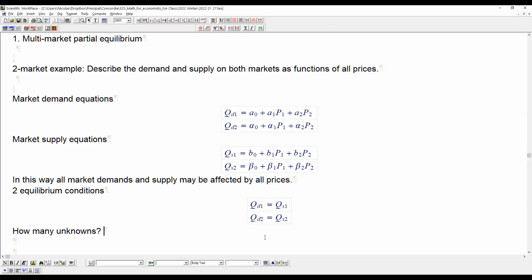Yes, 6. So I have the 4 quantities: QD1, QD2, QS1, QS2. And then I have the 2 prices, P1 and P2.